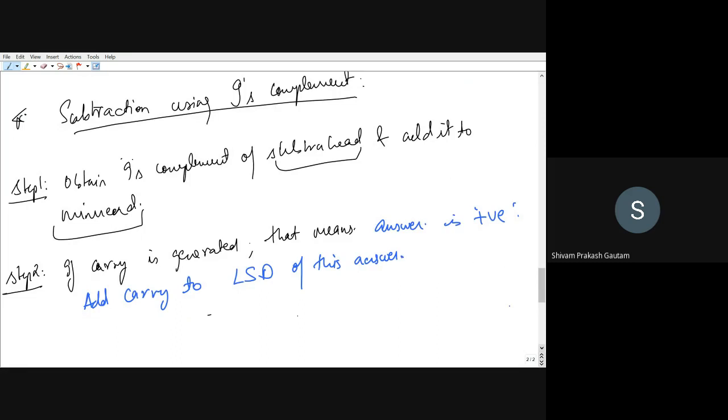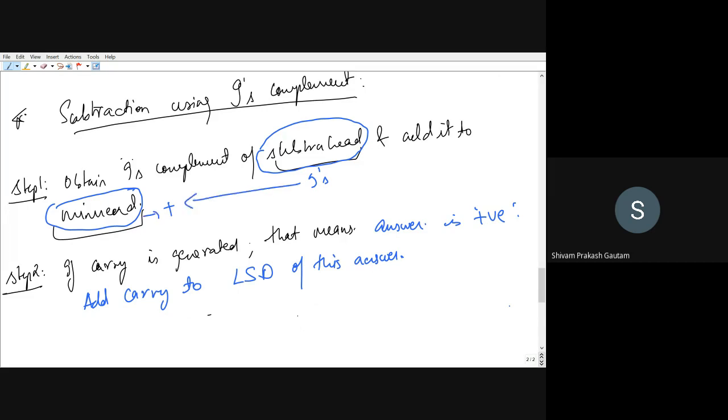So to subtract two numbers using 9's complement, first take the 9's complement of the subtrahend and add it to the minuend.